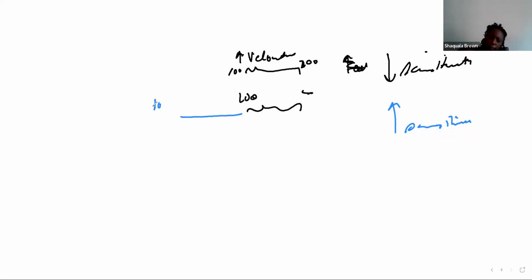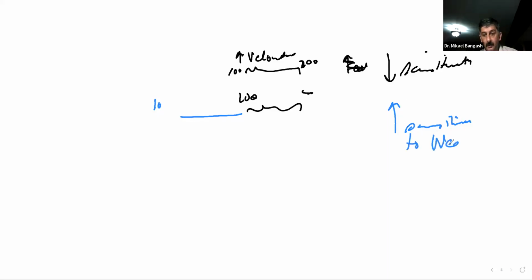Right. So the increased sensitivity makes it more sensitive to weaker Doppler shifts. Where those weak Doppler shifts, what were those?